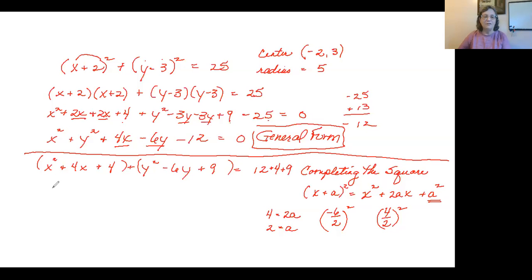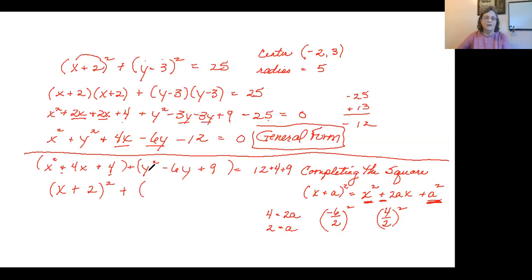Now this will factor as the square root of this, the sign from the middle, and the square root of that, quantity squared.